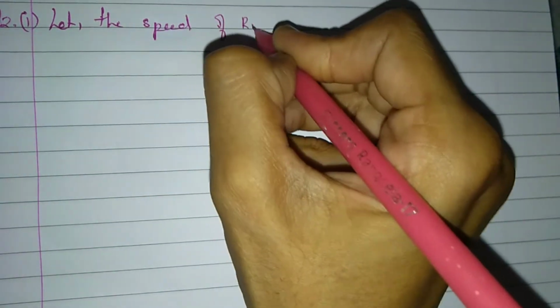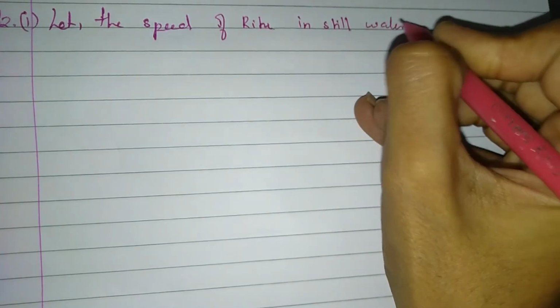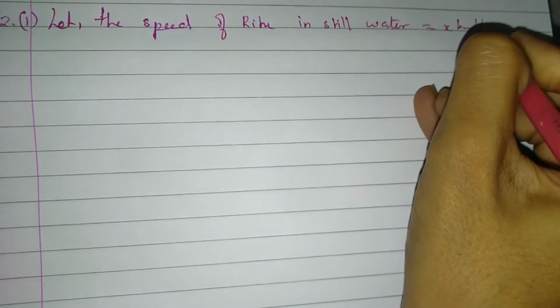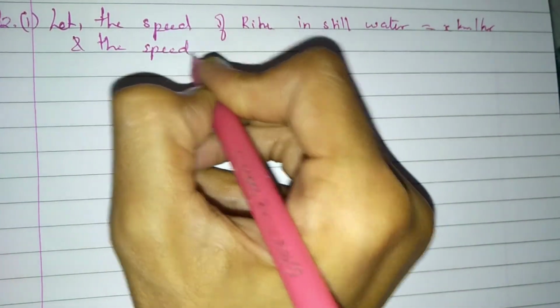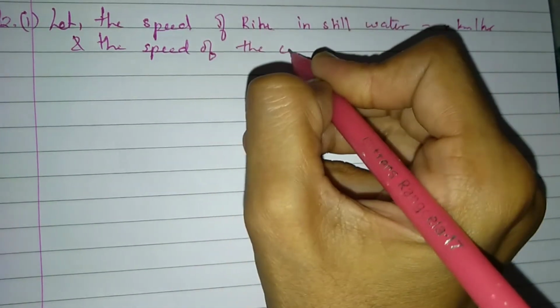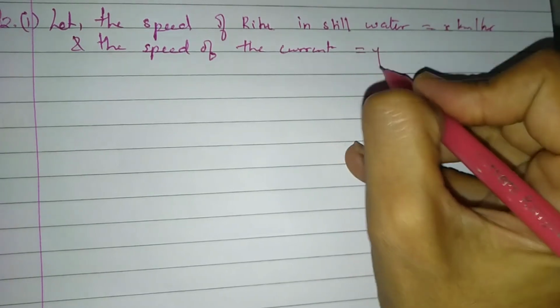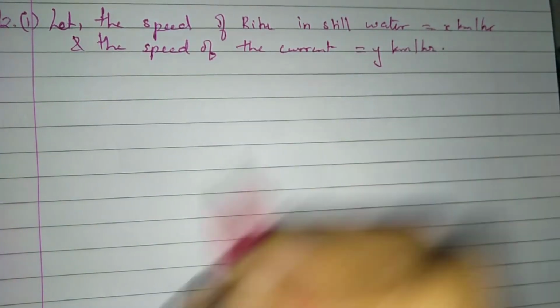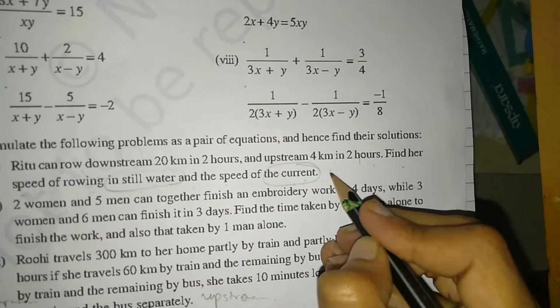So let the speed of Ritu in still water equal x km/h and the speed of the current equal y km/h. Therefore, still water means stop water and current water means water flow.